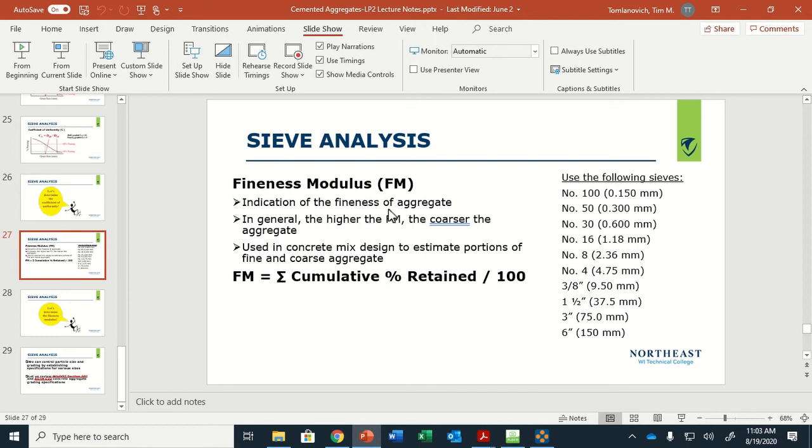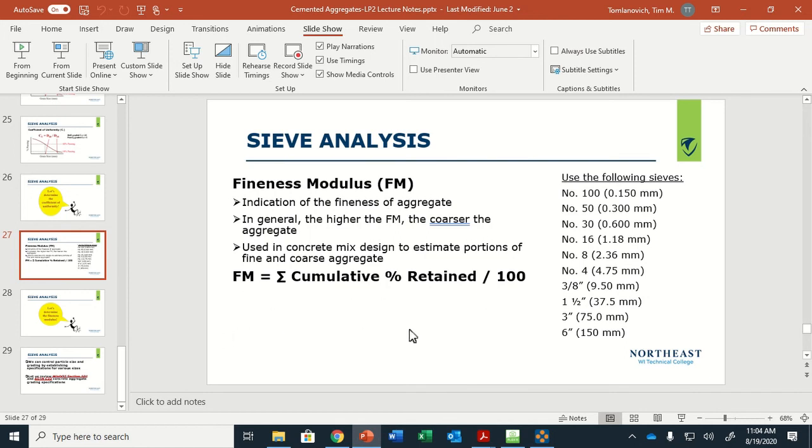So if I have more cumulative up here, that's going to make this number bigger, right? Yes, so if these numbers are bigger, it's going to make this number bigger. That means I'm going to need more fine aggregate, because you can see the number's small, passing the number 4. So this is all fine aggregate, okay? So this will help us determine the ratio between coarse and fine aggregate, okay?